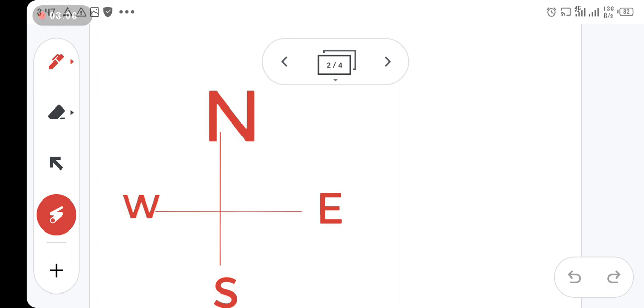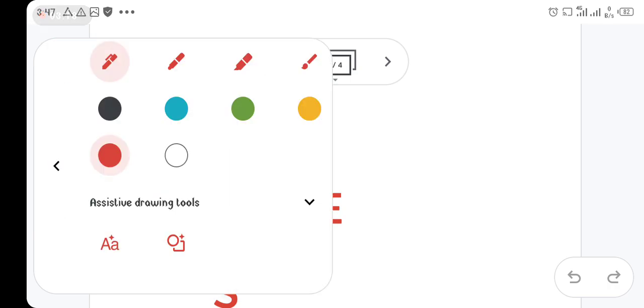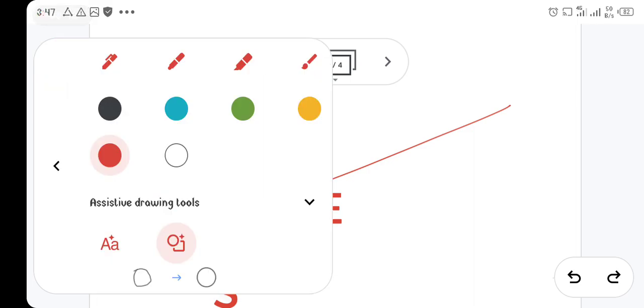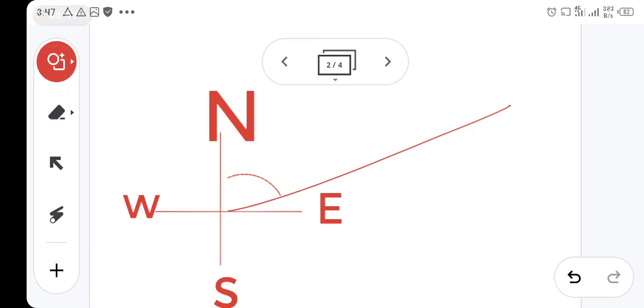I'll start from the north pole, and I'll say she travels on a bearing of, instead of 070 degree, I'll write north 70 degree east.